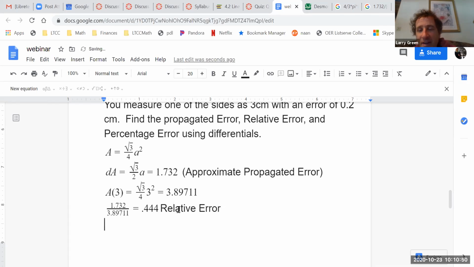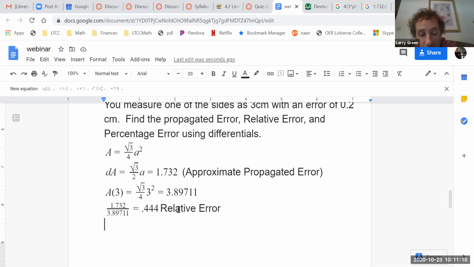Okay, what's our percent error? This is easy. You shouldn't need a calculator. So what's the percent error, if I know the relative error is 0.444?